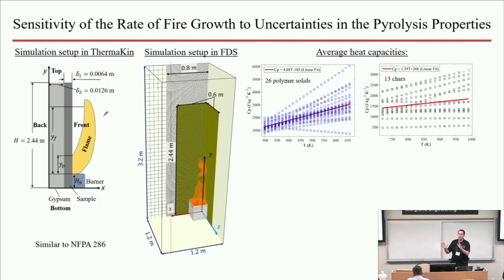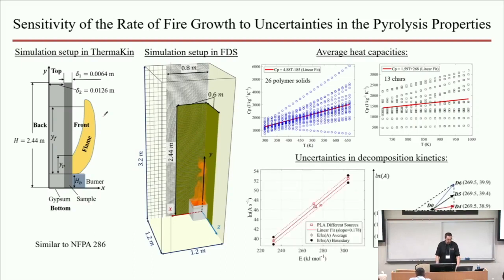We take each class of properties, such as heat capacity or heat capacity of char, average those out, and determine what this average, albeit non-existing, material looks like and what its properties are. Then we look at what different people report as uncertainties in these properties and try to come up with the average value of uncertainties that represents that.